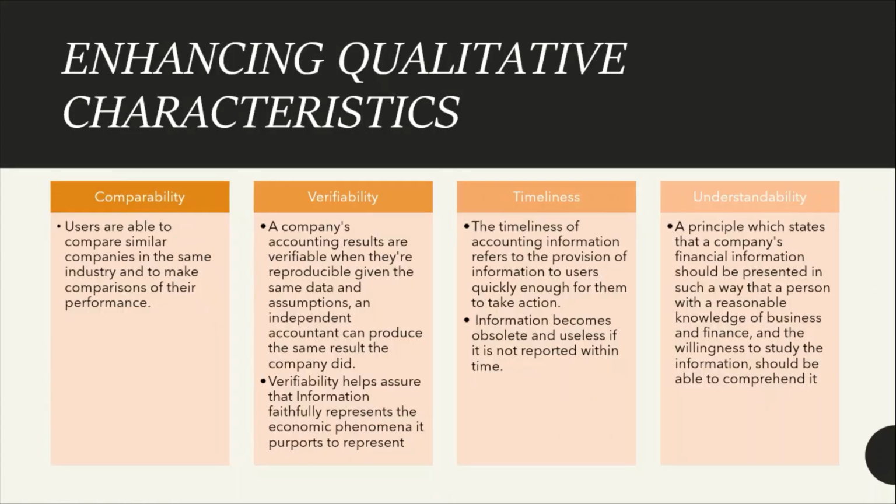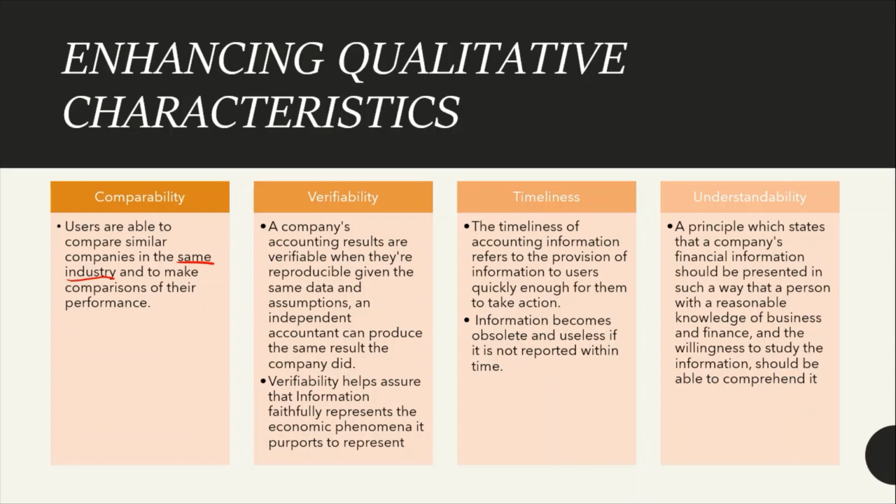Okay, now is enhancing qualitative characteristics, which have 4. First is comparability. Users are able to compare similar companies in the same industry to make comparisons of their performance. So the users can compare a company within the same industry and see which has better performance.